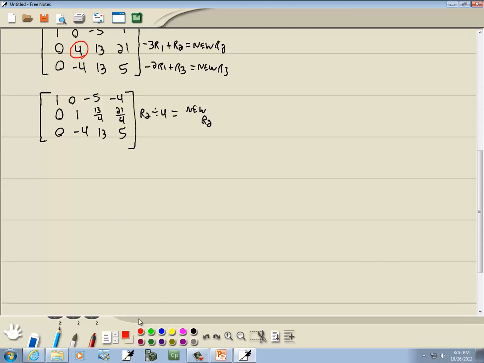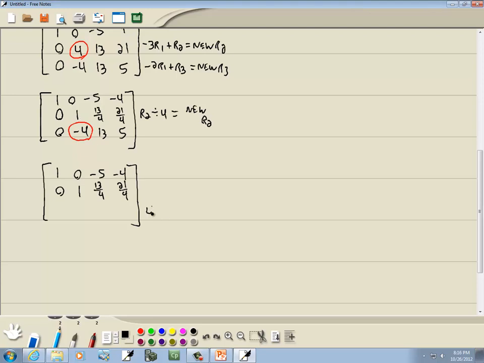Okay. Next step. Get a 0 below that 1. So we have 1, 0, negative 5, negative 4, and 0, 1, 13 fourths, 21 fourths. I look at this 1 here and ask, what do you multiply by that then add to this to give you 0? If I multiply that by 4, 4 times 1 is 4, plus a negative 4 is 0.